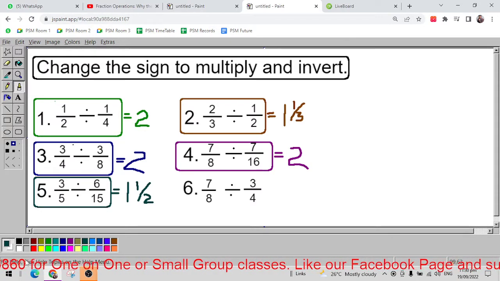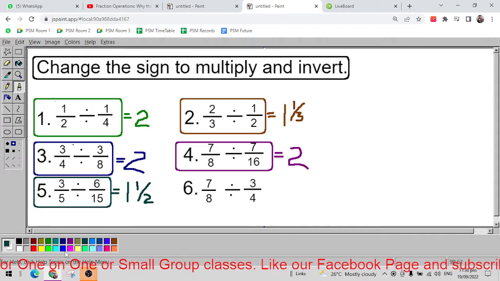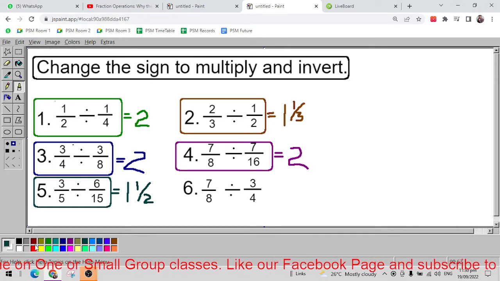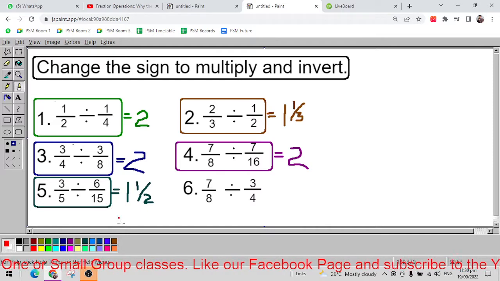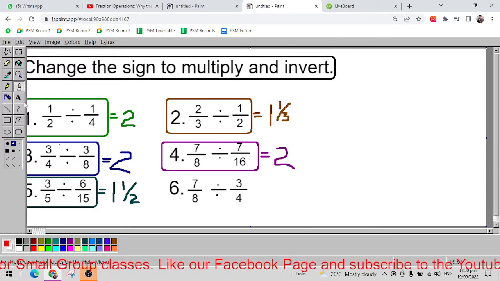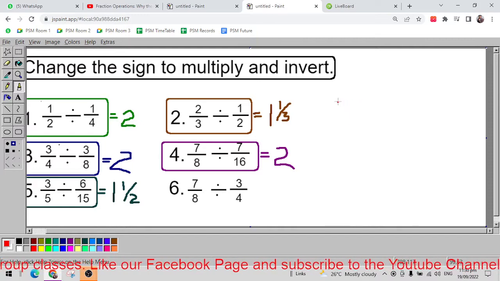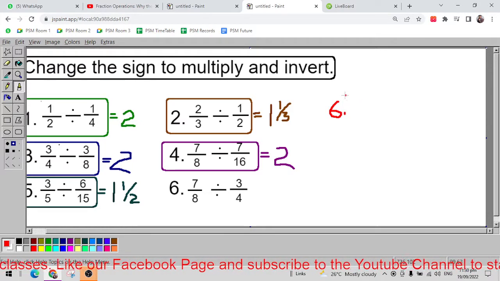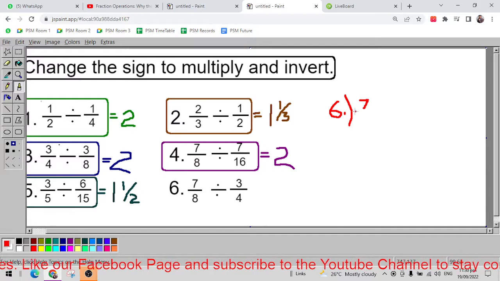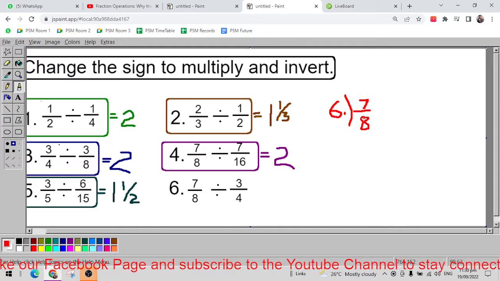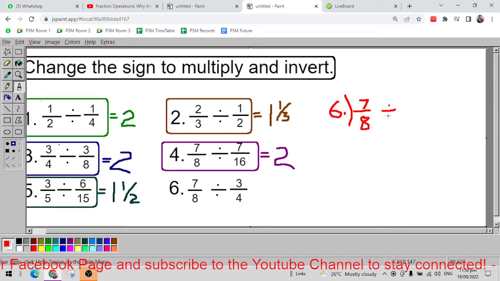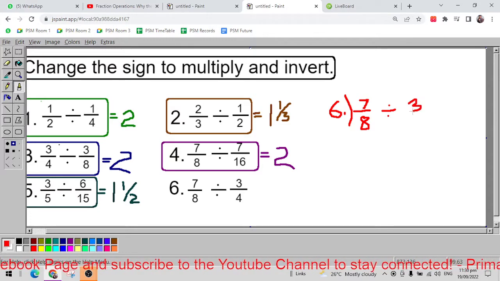And finally, last one, right? Let's go with red. For number 6, number 6 says 7/8 divided by 3/4.